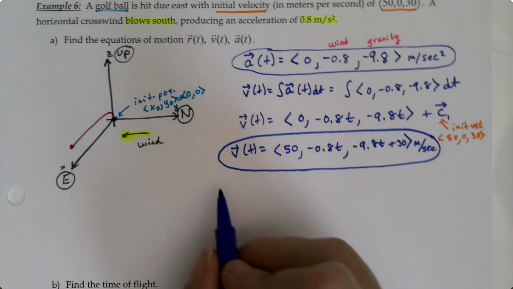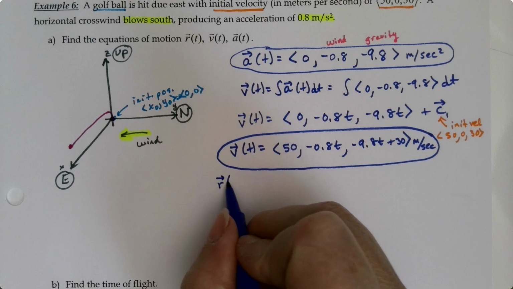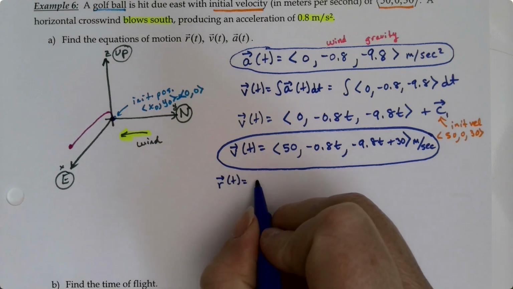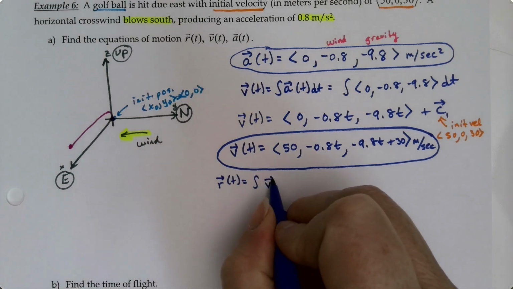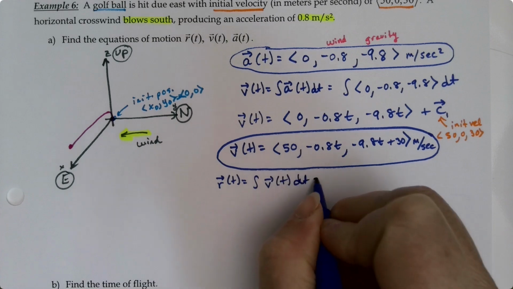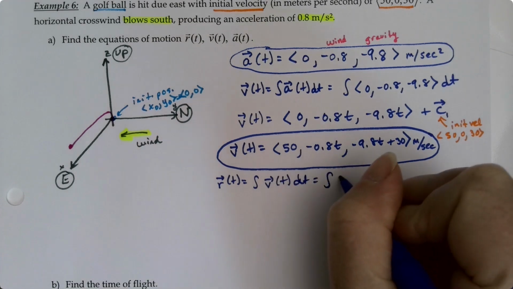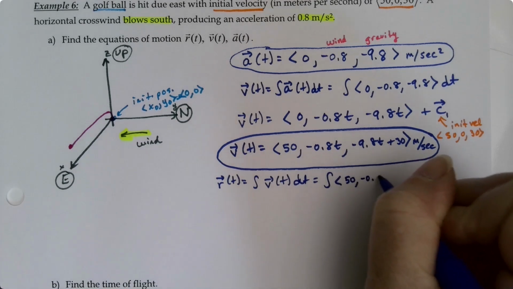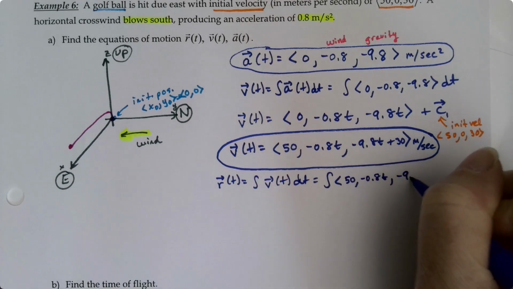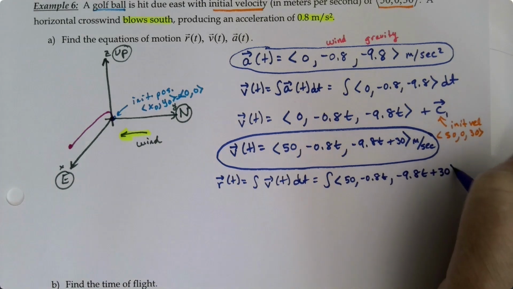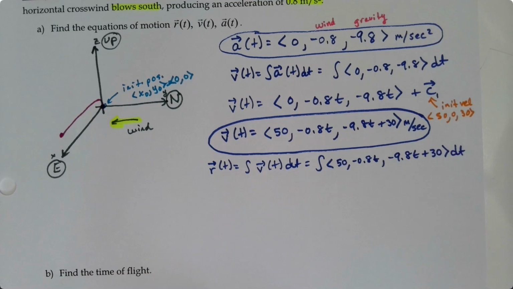All right, now what about position? Well, position, of course, is the integral of velocity with respect to time. So we're going to integrate 50 comma negative 0.8 t comma negative 9.8 t plus 30 with respect to time.